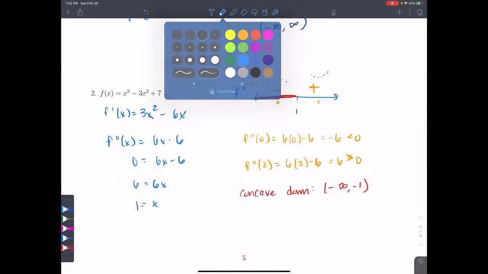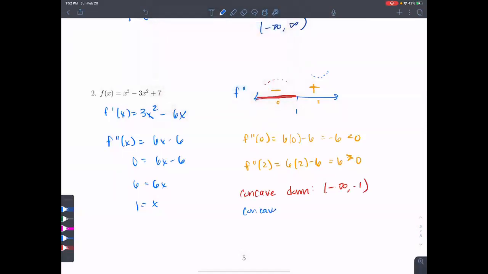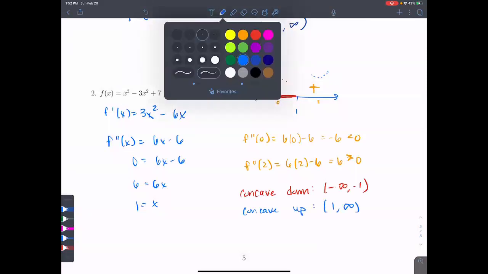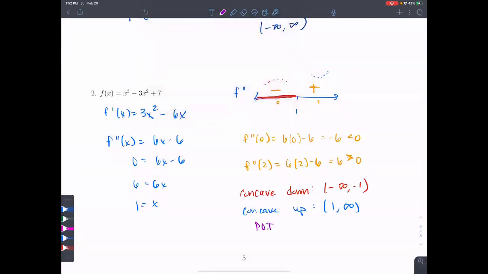Concave up like a cup from 1 to infinity. And we have a POI at 1 something. This is f of 1, which is 1 cubed minus 3 times 1 plus 7. So 1 minus 3 is -2 plus 7 is 5. All right, so your POI happens at your x value, and then plug that into the original function.